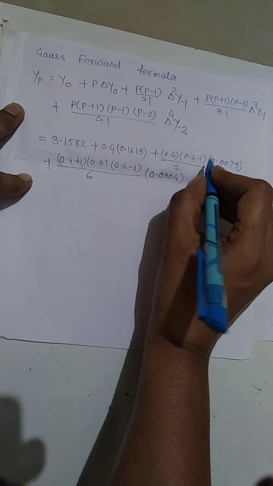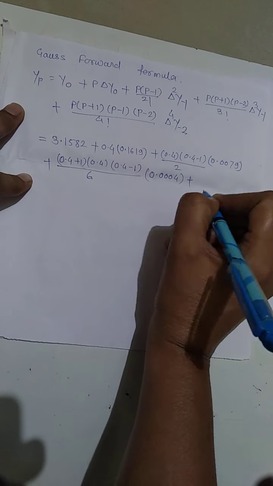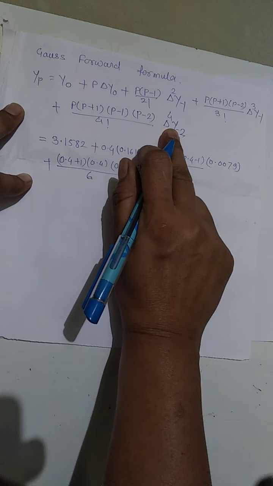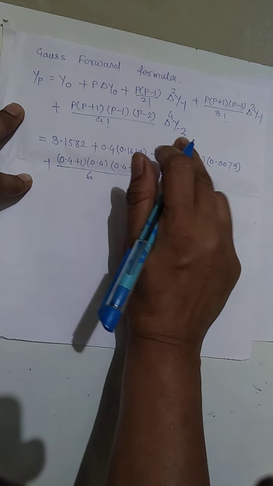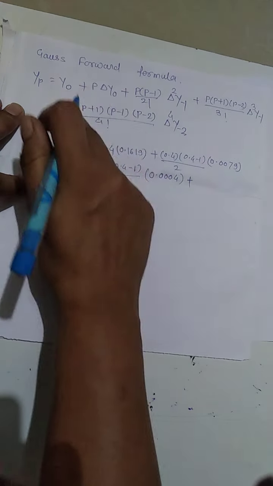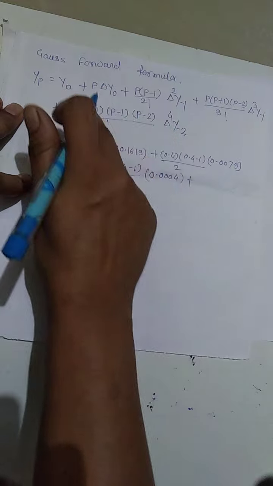Plus del raised to the power 4 y minus 2 is 0 there, therefore this term is 0.